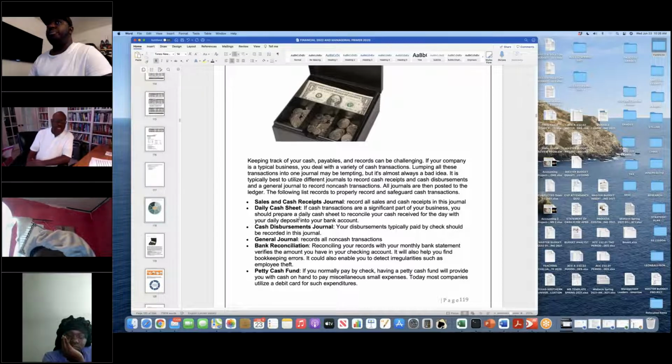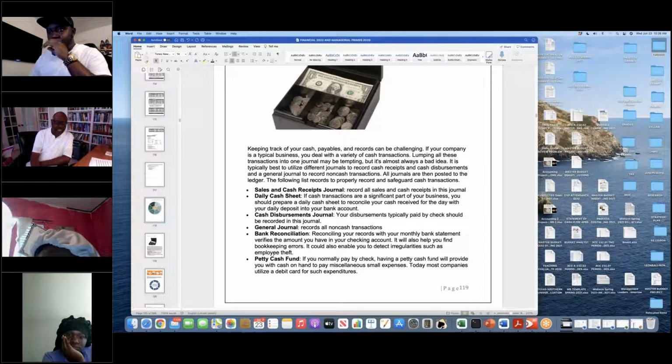As a business, they have to reconcile their bank account. They have a lot of transactions, and banks make errors, so they have to reconcile their bank account. And then, so that they don't write a check for everything, they set up petty cash funds. Once, cash used to be in a petty cash fund and it looked like this.